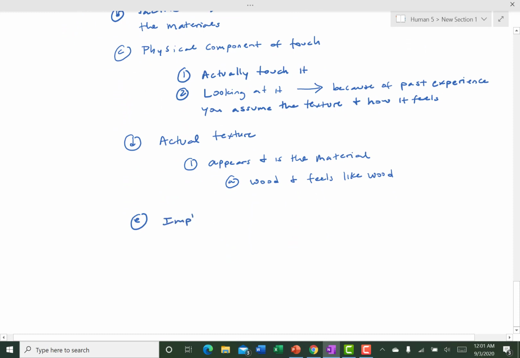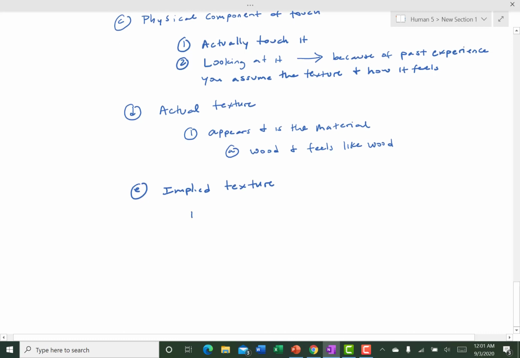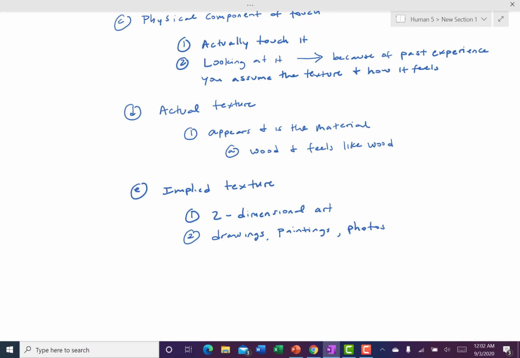Then you have implied texture. And implied texture tends to be with two-dimensional art, right? And that's going to be drawings, painting, photos. So photography, right? You could be taking a picture of a three-dimensional object that has actual texture, but the photo itself is only coming across in two-dimensional. When you touch the photo, it's not actually giving you the texture.